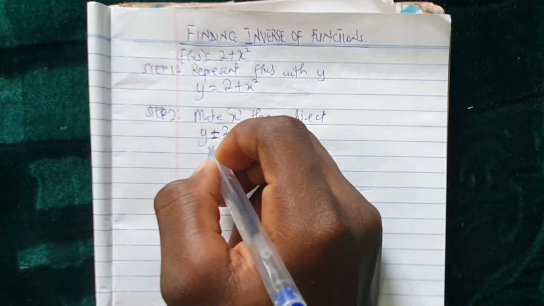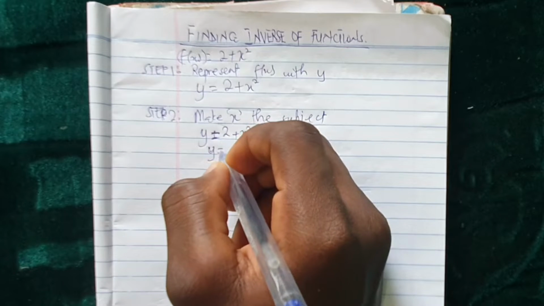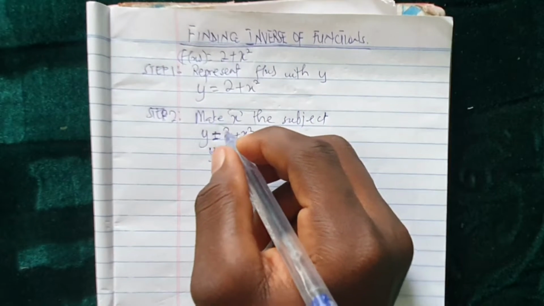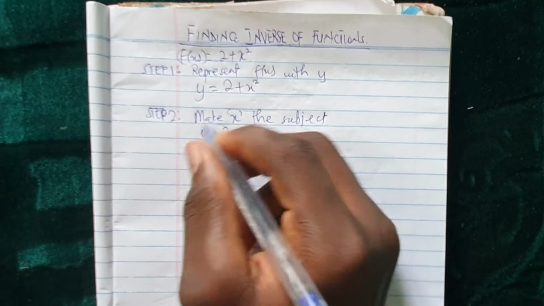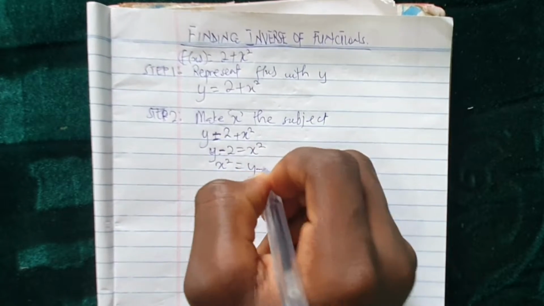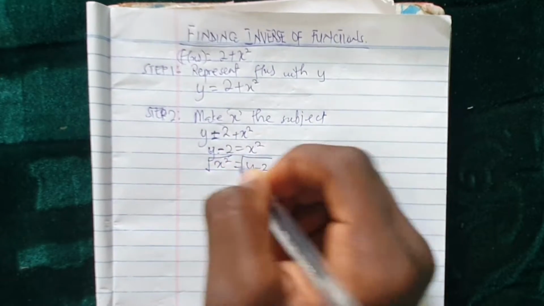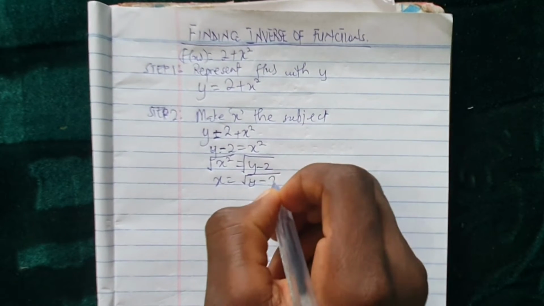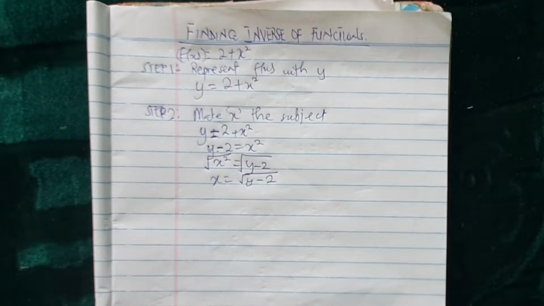So y minus 2 will be equal to x squared, that is, x squared equals y minus 2. Since we have to make x the subject, we square root both sides, so x will be equal to the square root of y minus 2. Now we've made x the subject.